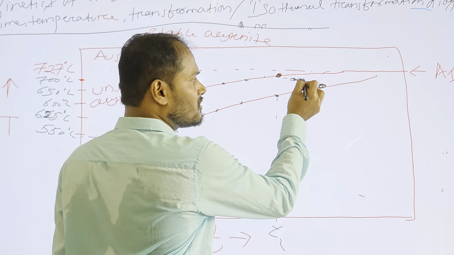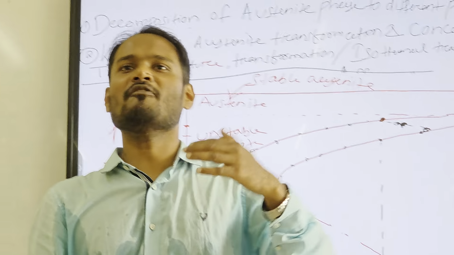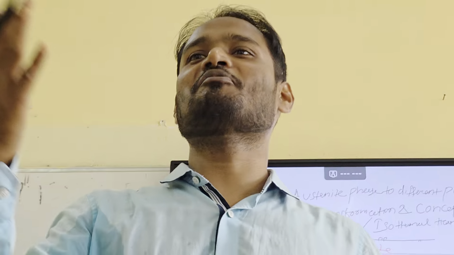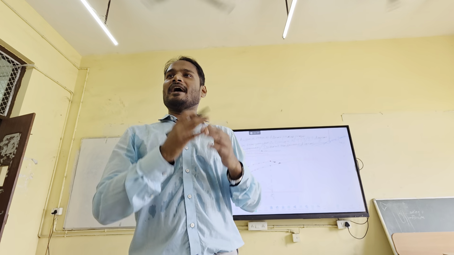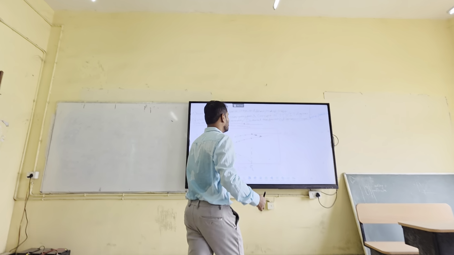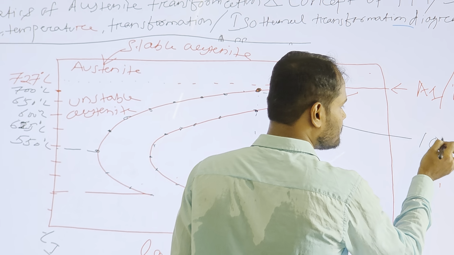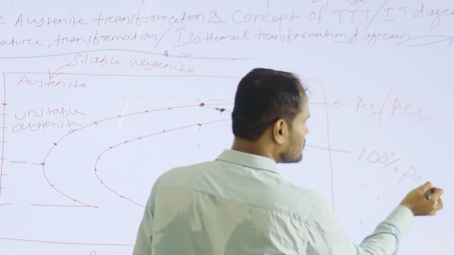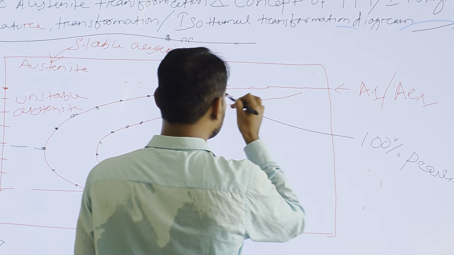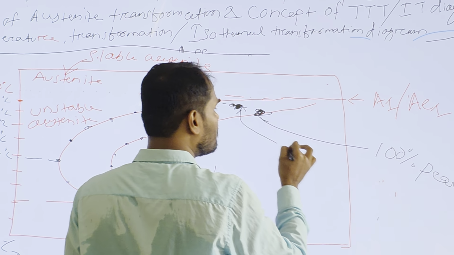At the middle portion of this, you have 50% austenite and 50% pearlite. Very good. And if you reach the last, here, then you will end up with pearlite. And this point, middle point, 50.